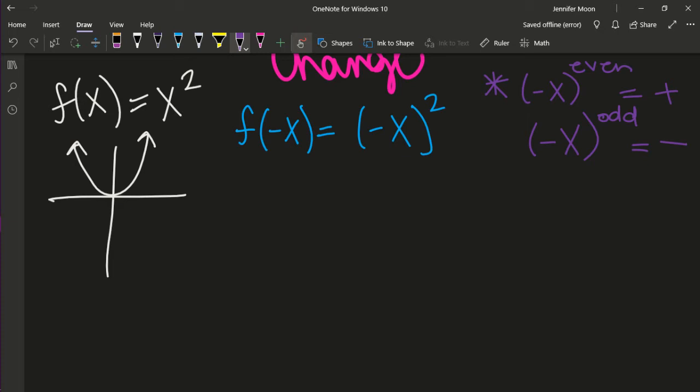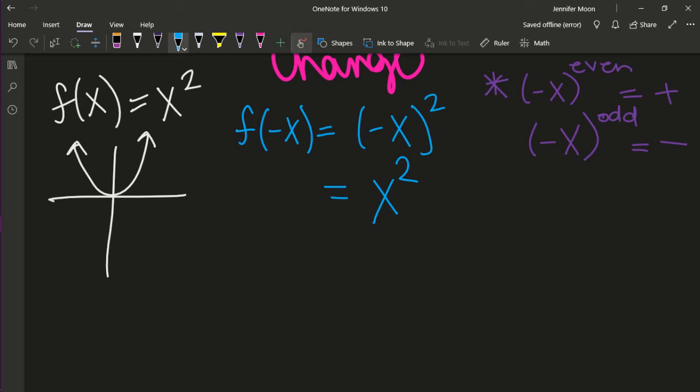So if I'm looking at this, I notice that my power is 2. That's an even power, which means I'm going to get a positive x. So what happens here is my x becomes positive. Keep your exponent. And so if you notice, I did the test and plugged in negative x, and I got the same thing, same exact function that I started with.